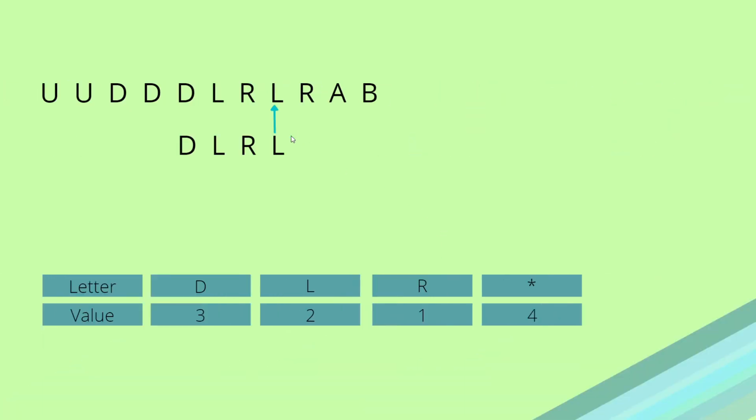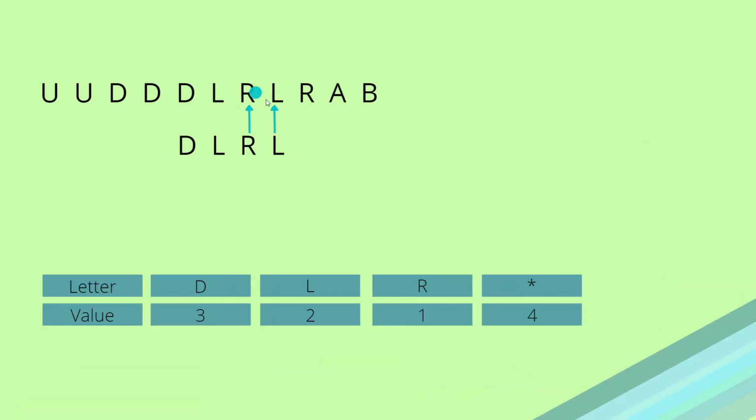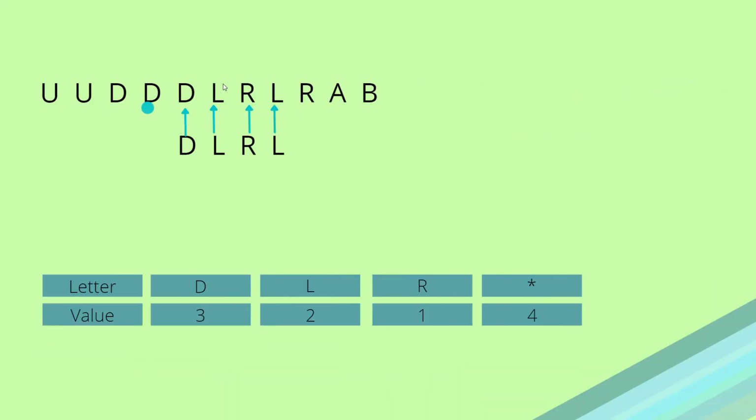Now when we compare, we can see that it has been perfectly matched as L and L. So we do not need to skip. Now we match the next character R and R. We repeat this process till all the characters have been matched. Now we can conclude that the search keyword has been found within the string.